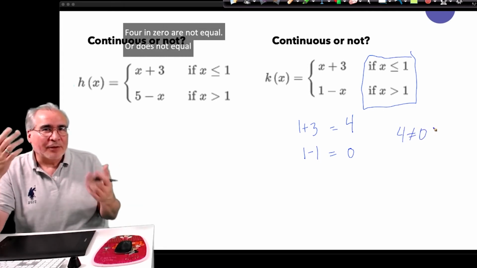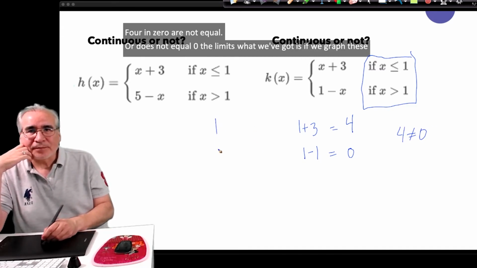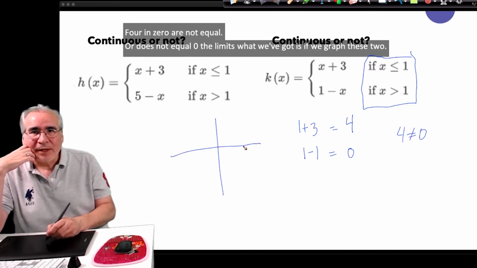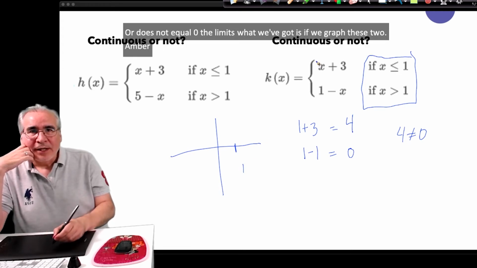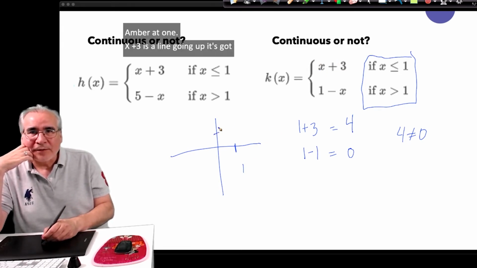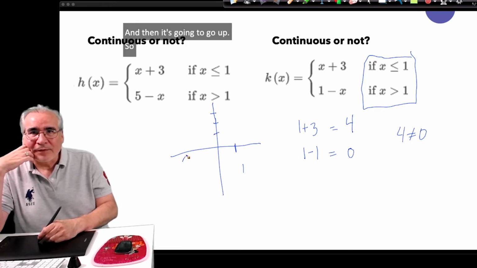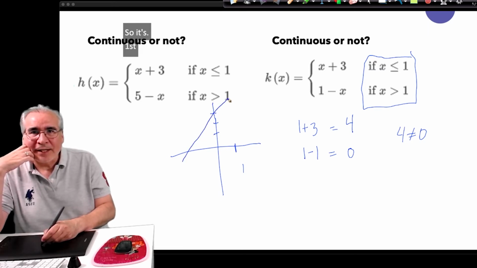The limits, what we've got is, if we graph these two, and we're at 1, x plus 3 is a line going up. It's got a y-intercept of 3. 1, 2, 3. And then it's going to go up. So the first part is a line like this.